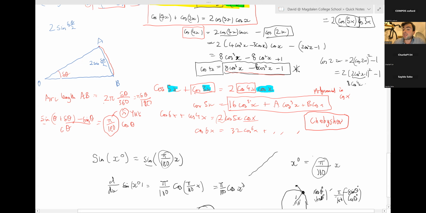Then you get minus 8 cos squared x, and then you get a plus 1. Sorry, this is plus 1. So the final answer for cos 4x is 8 cos to the fourth x minus 8 cos squared x plus 1.